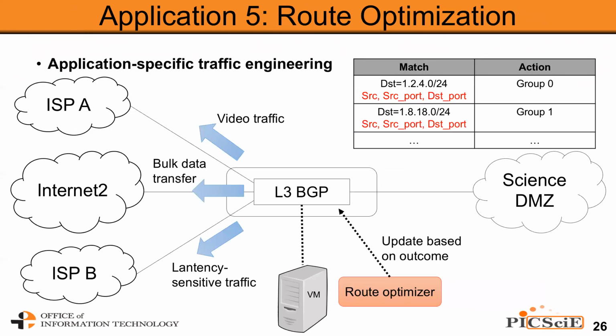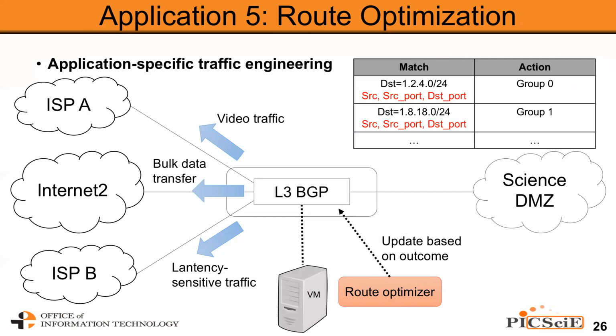The last application we have in mind is route optimization. This works if you are multi-homed, and we are not yet, but we hope to be later. Let's say your border router is connected to multiple ISPs, and you are running a software-defined border router with a route optimizer.